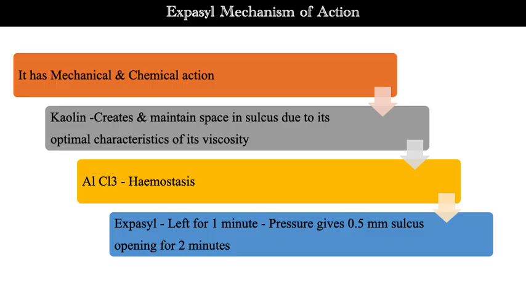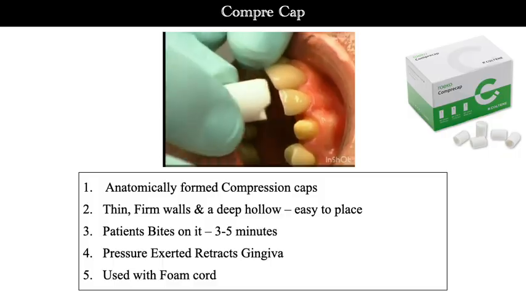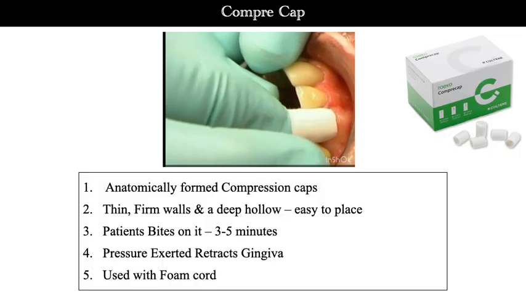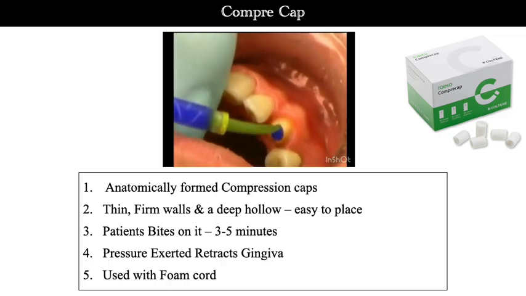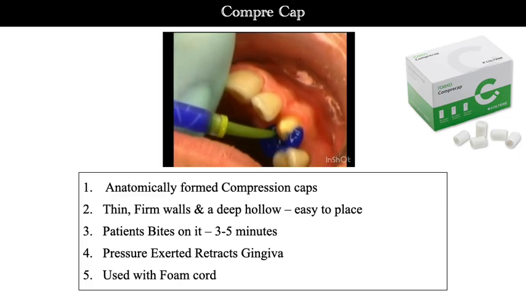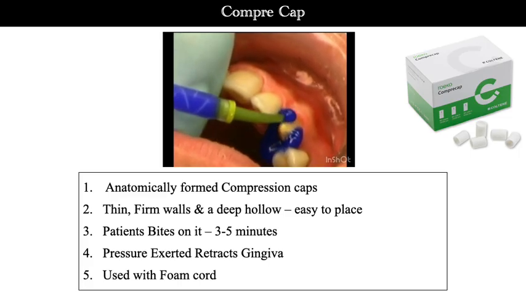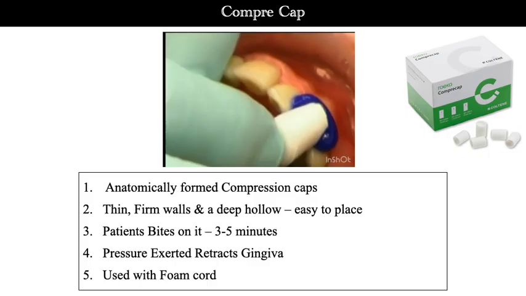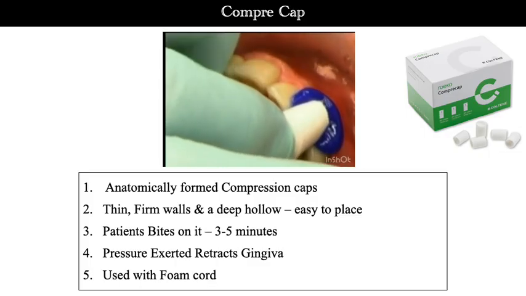Next would be again a mechanical gingival displacement. This is called the Comprecap. This is probably inspired from the conventional copper band technique. These are anatomically formed compression caps with thin firm walls and a deep hollow core.